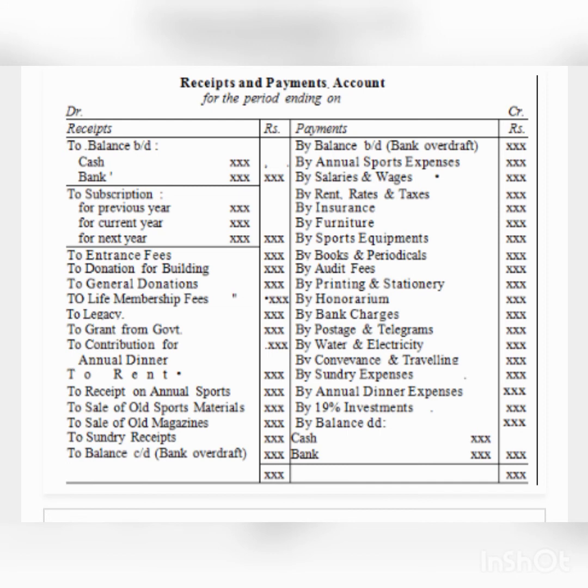The other items are subscription received, entrance fees collected, donation for building, grant, general donations, life membership fees, legacies, grant from government, then contributions for annual dinner, rent, receipts on annual sports, then sale of old sports material, sale of old newspaper, magazines, sundry receipts, etc.